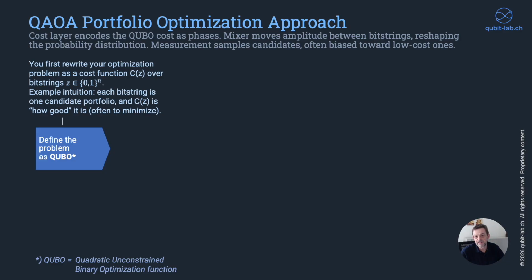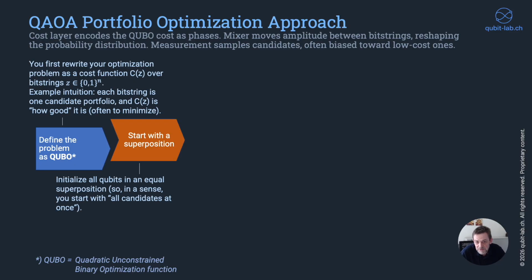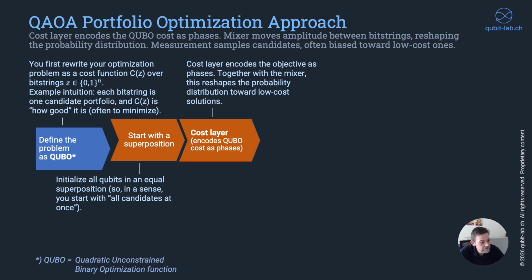Okay, let's understand the step-by-step approach for QAOA. First, we have to rewrite the cost function as a QUBO, quadratic unconstrained binary optimization function. We initialize the qubits in a uniform superposition over all bit strings, meaning we start by considering all candidate solutions in parallel. Next, we apply the cost layer.